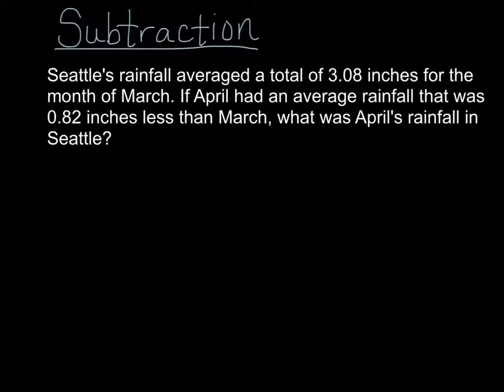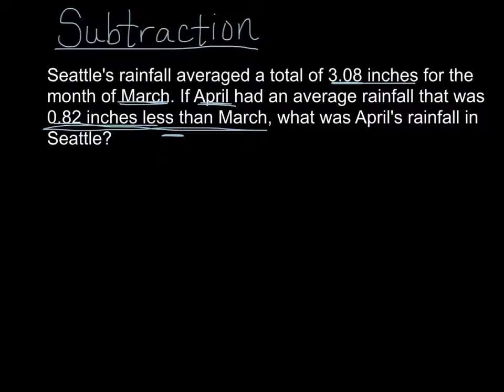I'm going to underline 3 and 8/100 inches for March. And then April had 82/100 inches less than March. Since we see less than, we know we're going to subtract. And it says, what was April's rainfall in Seattle?